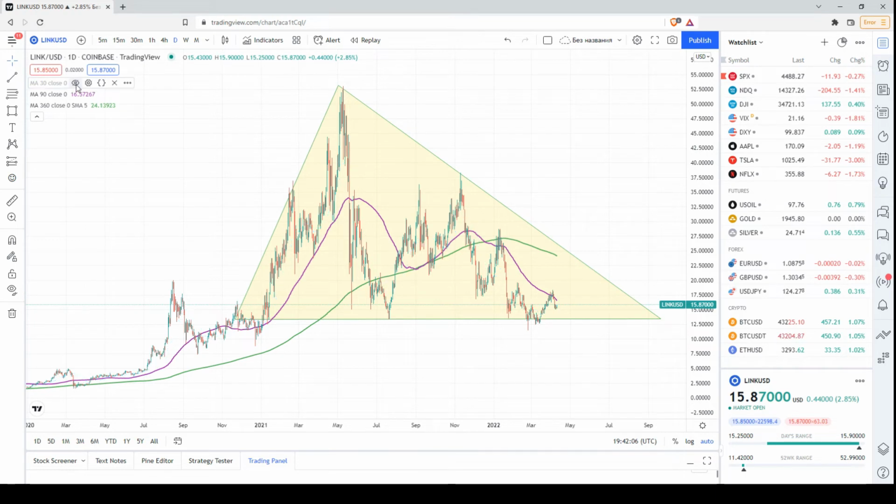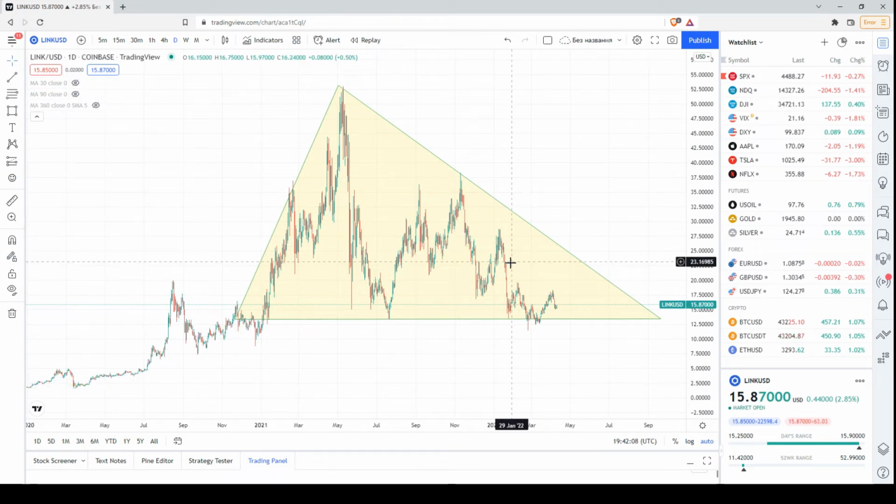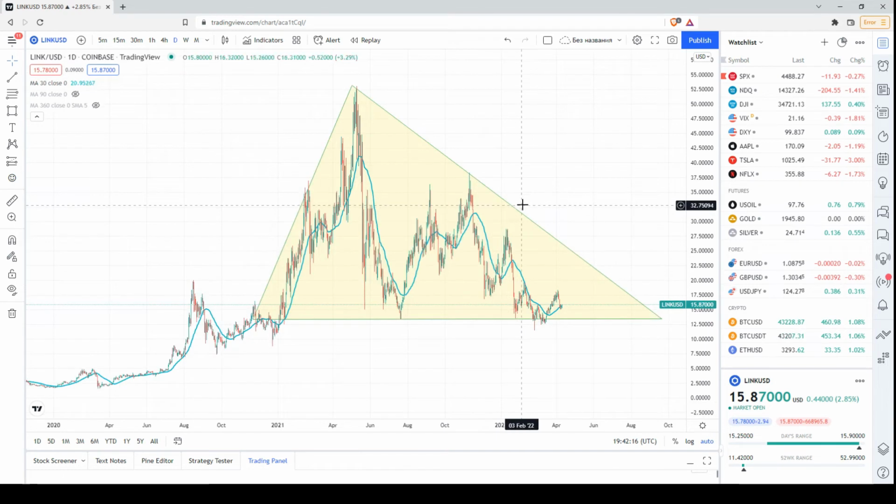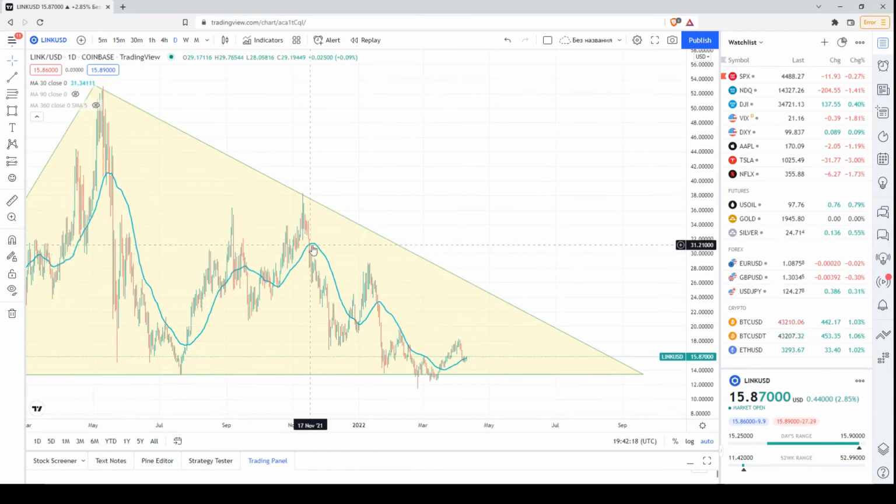But let me talk a little bit more about the key moving averages. So we have three key moving averages. The first one is for the period of 30 days or 1 month. The price has been below this moving average, or has been mainly below this moving average, since the middle of November.